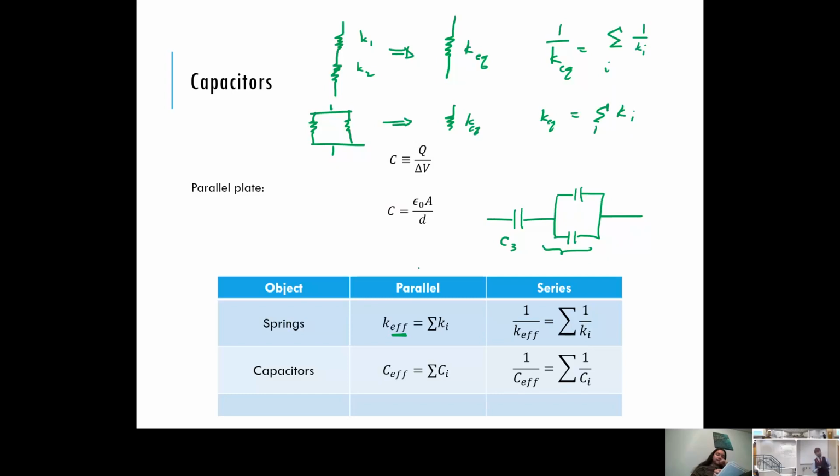So first, C1, C2, you can step through it. Pretend that you combine the two in parallel to get an equivalent capacitance, and then that equivalent capacitance is in series with the third capacitor. So you can take these and build it up. And for kicks, you can put another one right here. We'll call that C4.